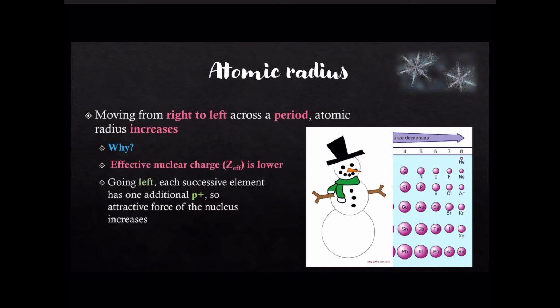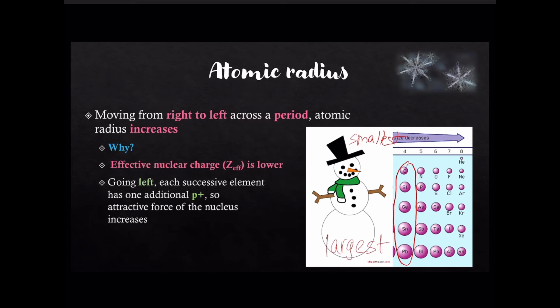So that's similar to the way atomic radius increases when we go down a group. So the largest part of the snowman represents the largest atomic radius. And then the smallest part of the snowman, which is the head, is at the top of a group.